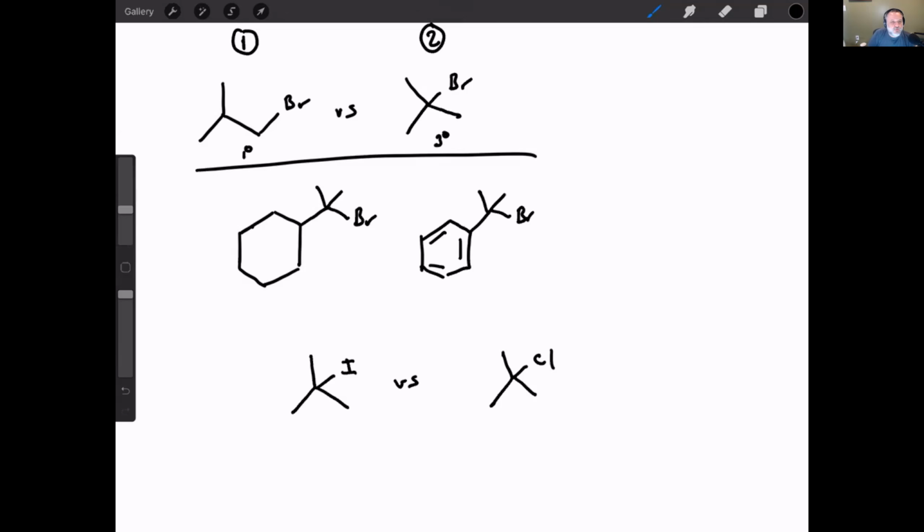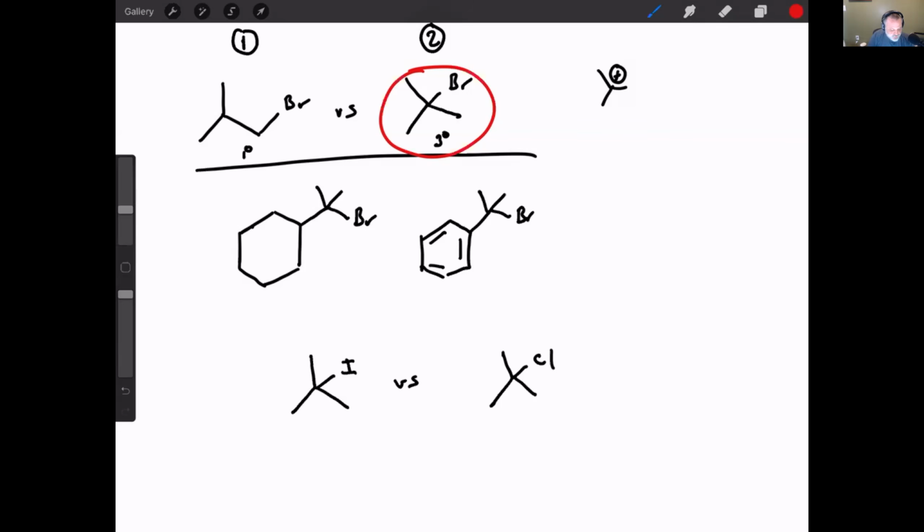So which one will more quickly undergo unimolecular reactions? Well, the one that's more capable of forming a more stable carbocation. So in this case, it's going to be number 2. The tertiary substrate is going to be the fastest.